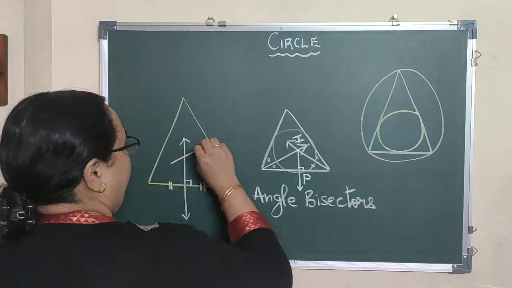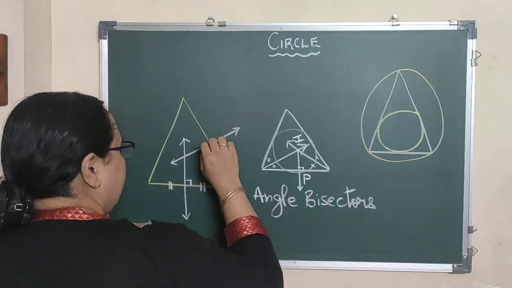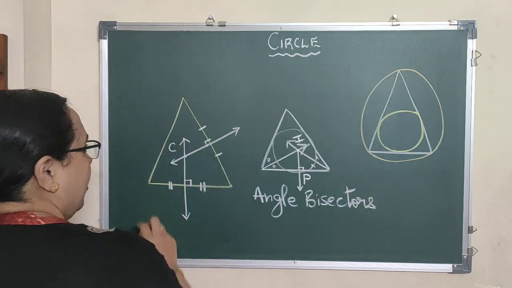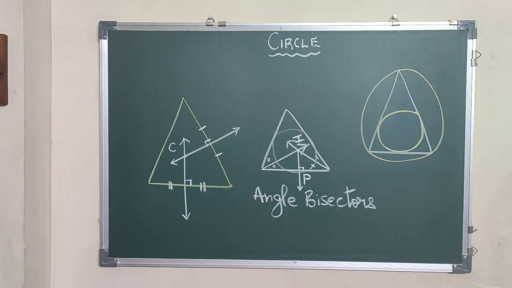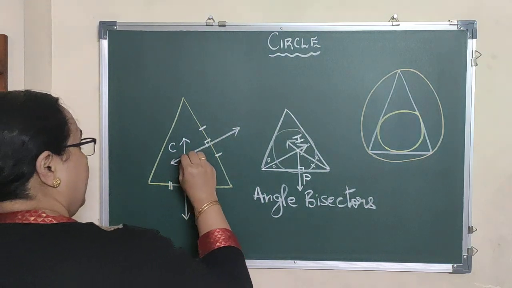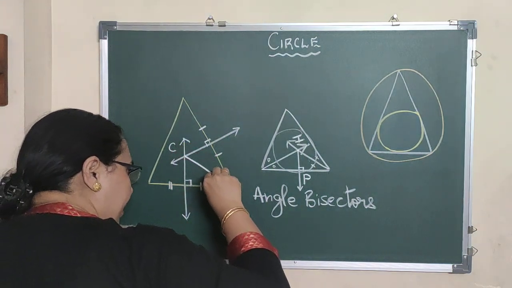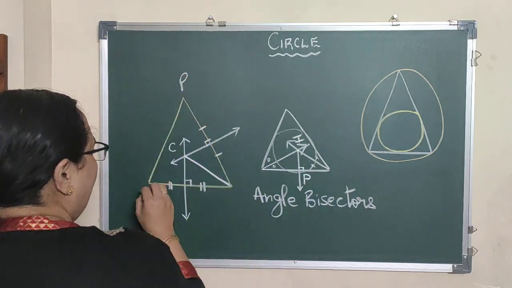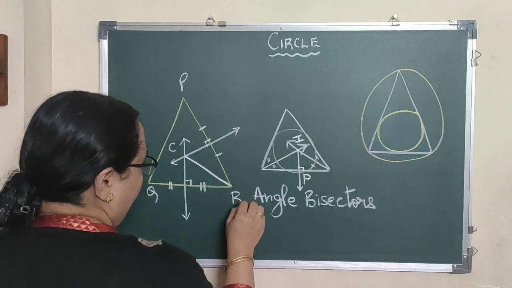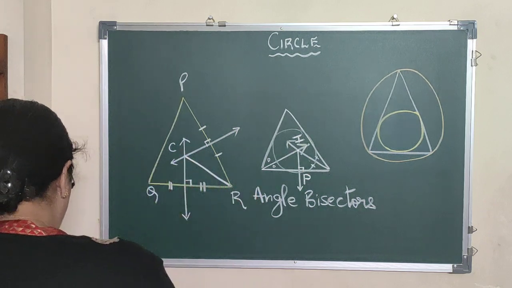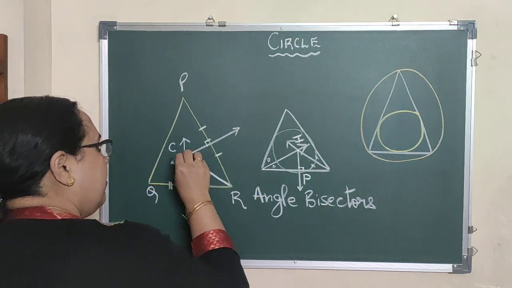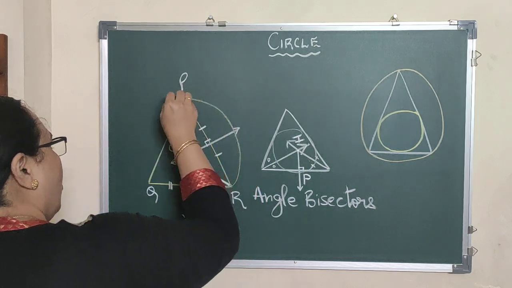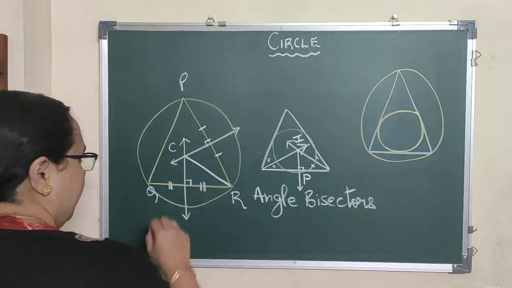So when I draw the perpendicular bisectors, suppose this is the point C, which is the circumcenter. Taking this point C as the center and the distance to any of the vertices as the radius, I will be able to draw the circumcircle.